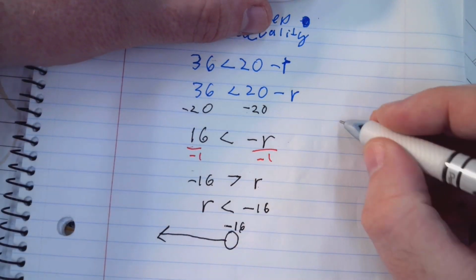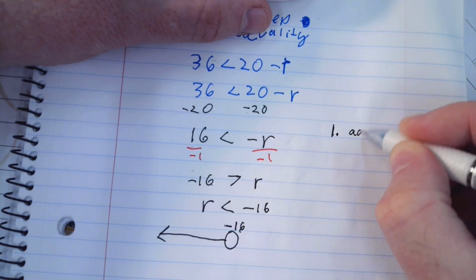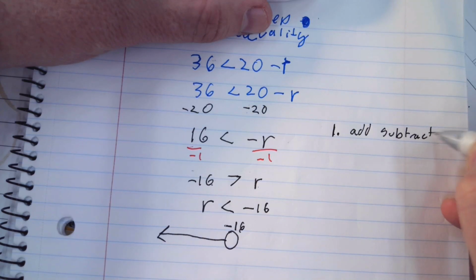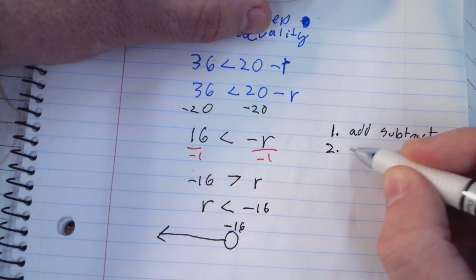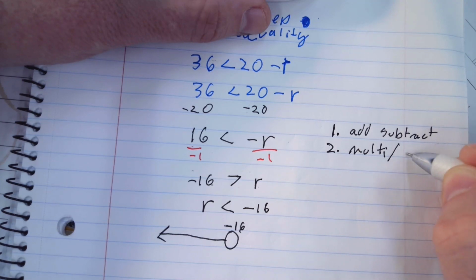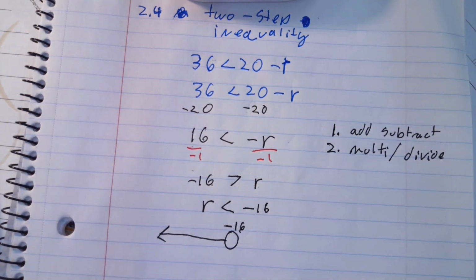Okay, and remember, when we do a two-step, the first step is going to be add, subtract. Second step is going to be the multiply, divide. Okay.